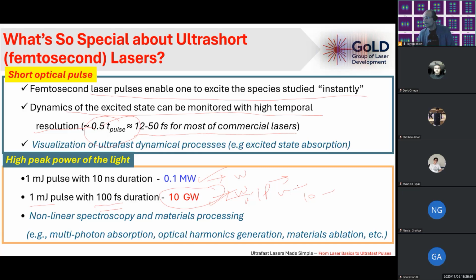One example, there are so many reactions to accelerate the electrons, etc. So you need this kind of thing to study multi-photon absorption, optical harmonic generation, material ablation, and spectroscopy, etc. So many applications. So, the question was, what's so special about ultra-fast femtosecond lasers?